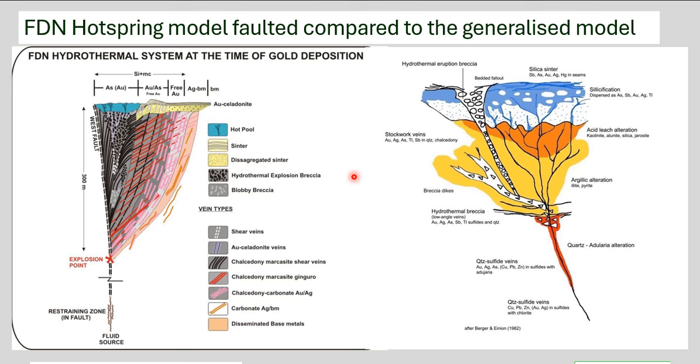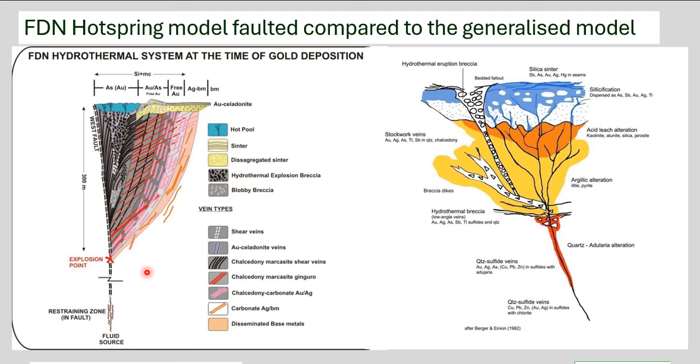So in the model on the right, the veins are mainly underneath where all the sort of dispersed veins in the main alteration are, and the explosion point is there where the breccia starts, and then you have the illite and then silica sort of alteration above that, with the hydrothermal eruption breccias cutting through those and up into the zone where the sinter is. So that we have all those components in the Fruta del Norte model. It's just because it formed during fault displacement, the veins don't sit underneath the breccia, they sit mainly beside it.